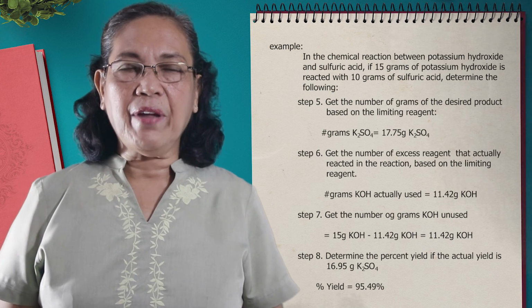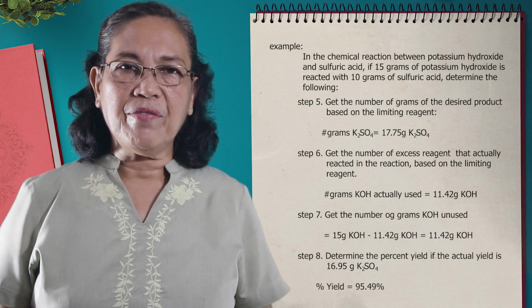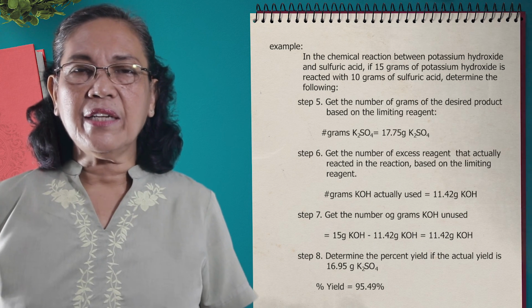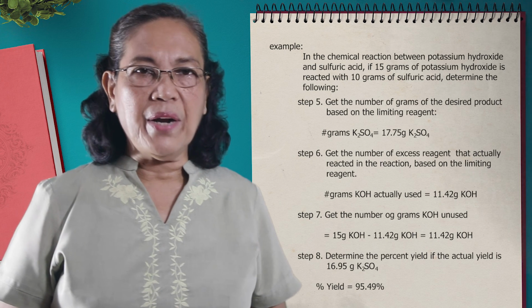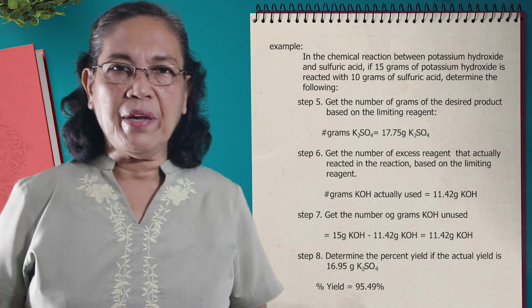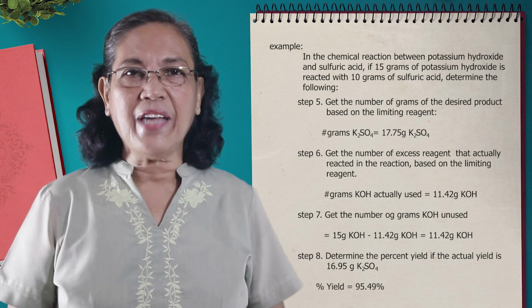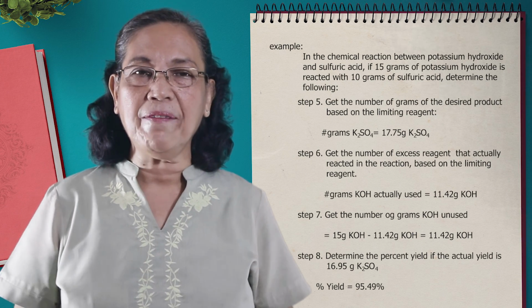The next requirement in this problem is the number of grams of the desired product. We know that the desired product is potassium sulfate, and this desired product can be determined based on the limiting reagent. Let's go to getting the number of grams of the desired product, which is potassium sulfate.